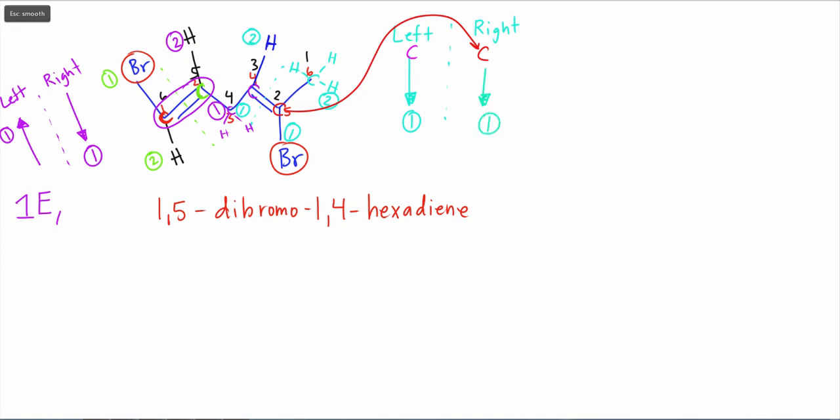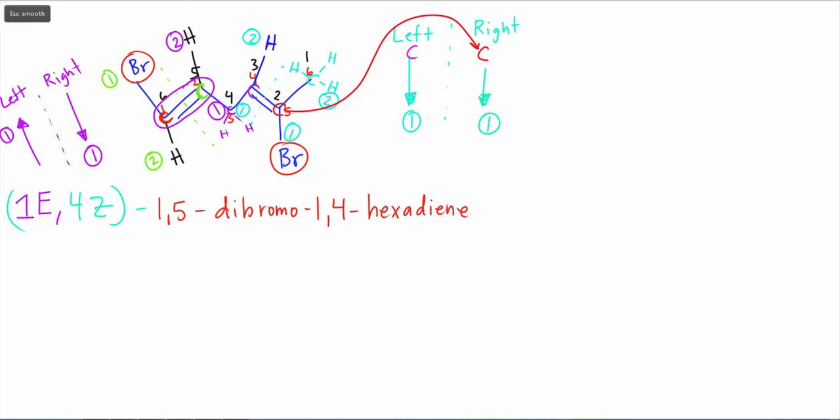So they are projected in the same direction. So for carbon 4 on the double bond, I would have Z. So the correct name for this with EZ notation is going to be 1E, 4Z, 1,5 dibromo, 1,4 hexadiene.